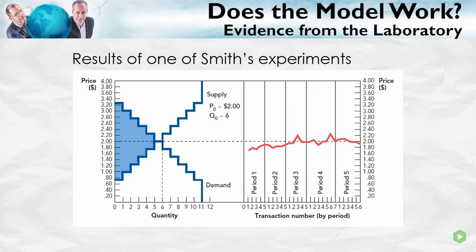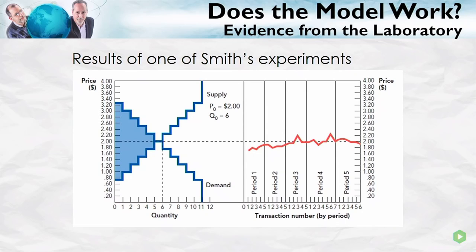So what happened? Here are the results from one of Smith's remarkable experiments. The demand and supply curves calculated by Smith are shown here on the left. The model predicts an equilibrium price of $2 and an equilibrium quantity of 5 or 6 units. What actually happened is shown on the right.